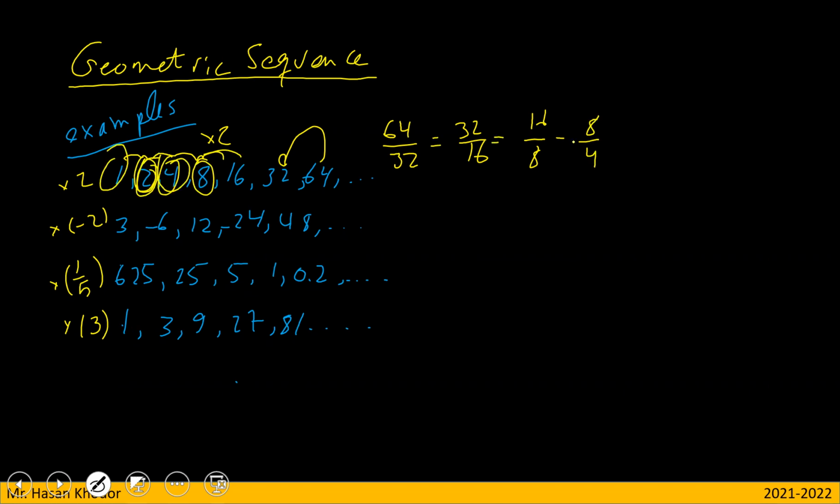All of them have the same ratio. We call it the ratio, which is equal to 2. Here we say we have a common ratio.